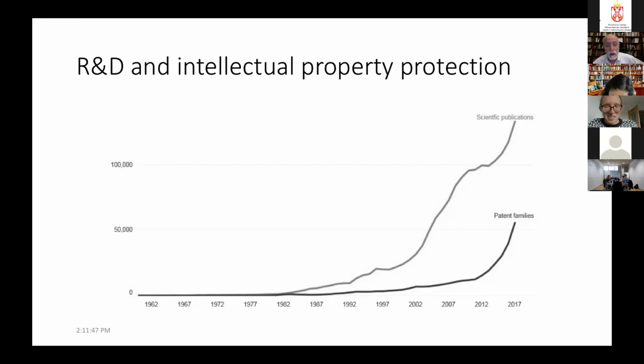In the middle of the last century, this story started, and from the beginning of this century, it becomes the only game in town. You see the exponential rise of scientific publications and patent families based on them. Why? Because industry needs monopoly to have a profit.